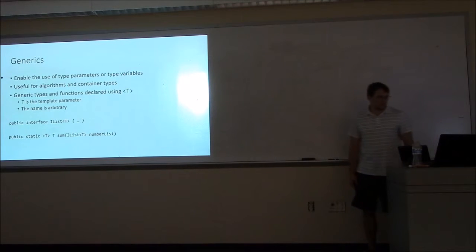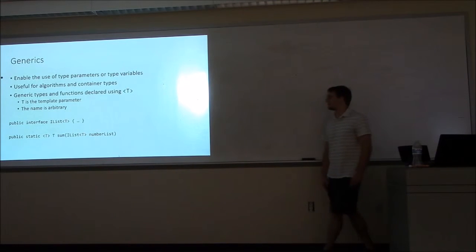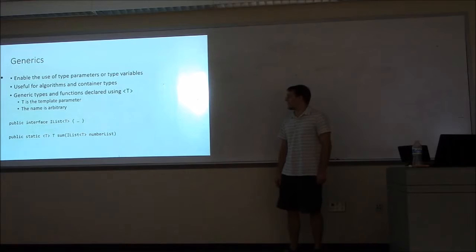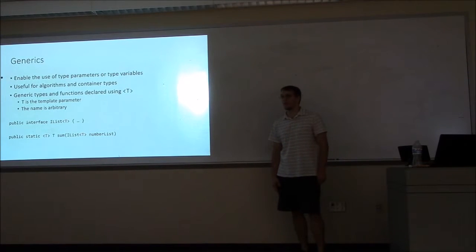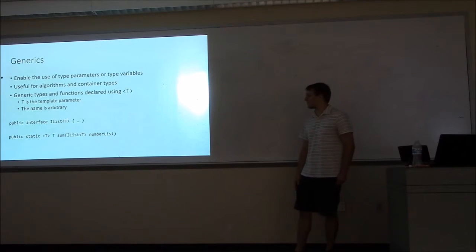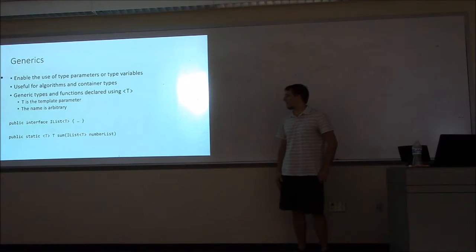Now, generics are something we've used a lot already in the class, and they enable the use of types as parameters to a class or a function. And they're useful for programming algorithmically or creating container types. So syntactically, the way you make a generic type is using the angle bracket notation with the type parameters inside. So in this example, T is the template parameter.